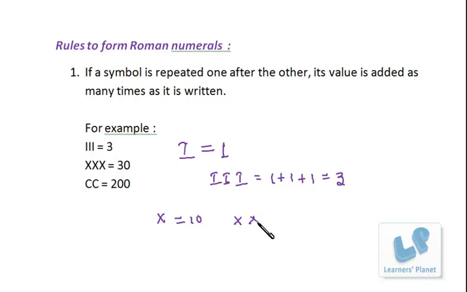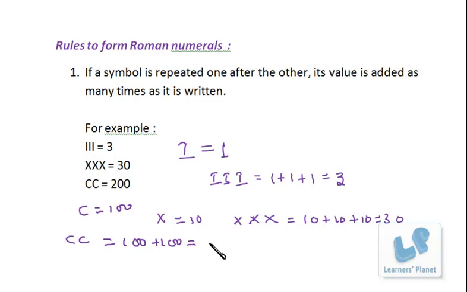So X, X and X is 10 plus 10 plus 10, that is 30. Similarly, it's C. The value of 1 C is 100. So C and C means 100 plus 100, that is 200.